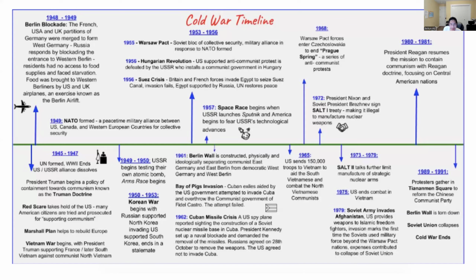Oh yeah, something very interesting that I don't know how heavily weighted it will be on the exam: the Bay of Pigs invasion. What happened in the Bay of Pigs invasion?